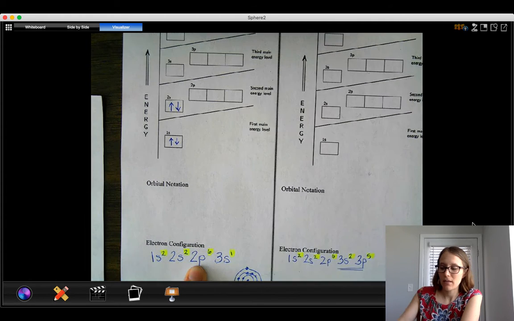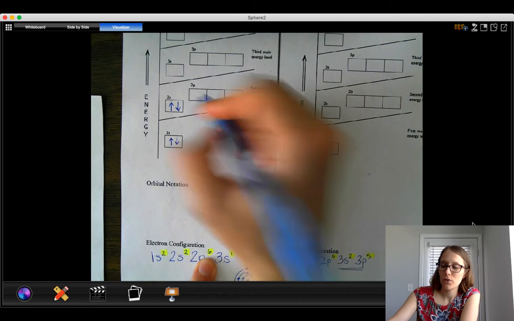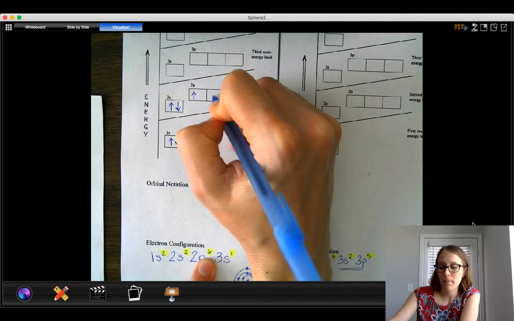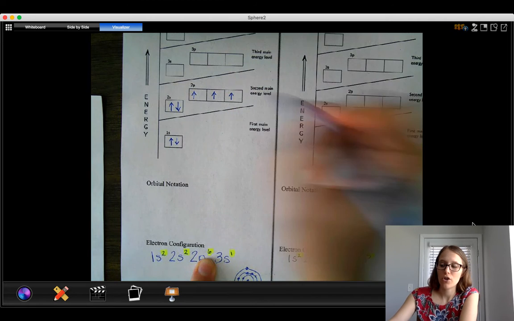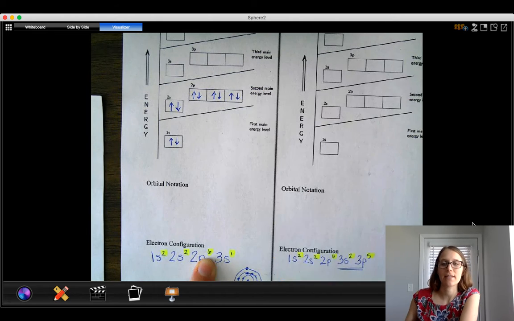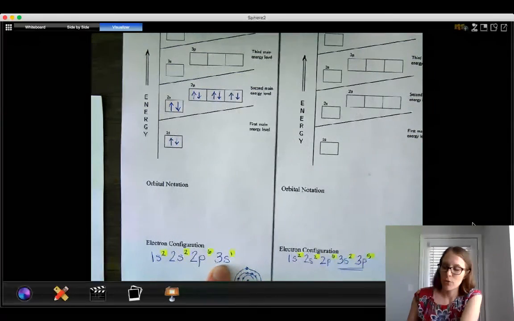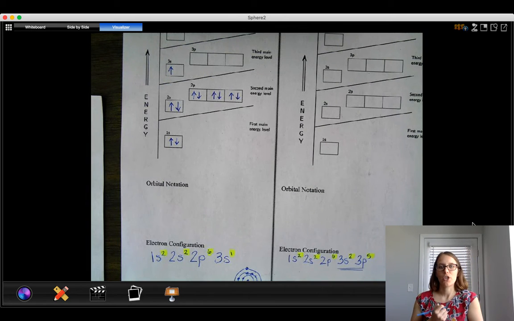Next is 2p, and in the 2p orbitals, I should have 6 electrons total. So I'm going to draw 1 going up, 2 going up, 3 going up, then I can start drawing them down. So number 4 is down, number 5 is down, number 6 is down. 3s, I should have 1 electron. I'm always going to draw them up before down. So that would be our orbital diagram.